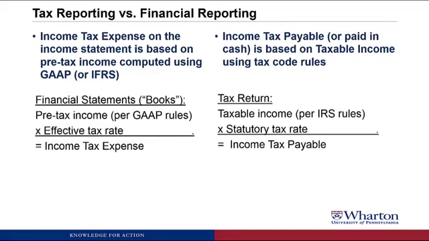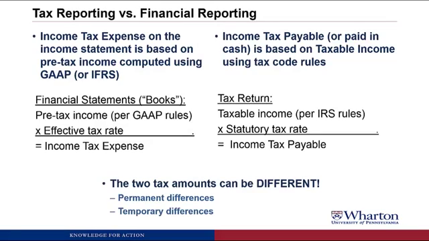If you're not in the US, then whatever country's tax rules are, those are what you would use to come up with something called taxable income, which is not going to be the same as pre-tax income. You take that times the statutory tax rate to get income tax payable. Income tax payable is what you actually owe the government in taxes, what you're going to have to pay them. Now, these two can be different, and as we're going to see, the differences can be due to what are called permanent differences or to temporary differences.